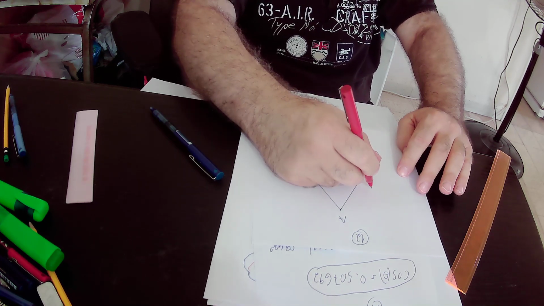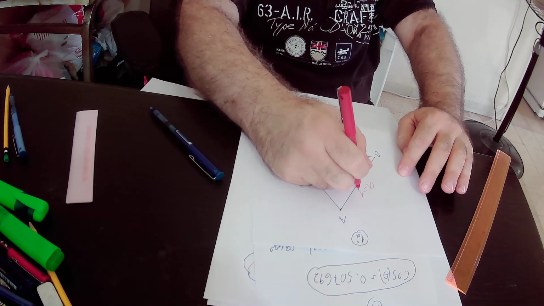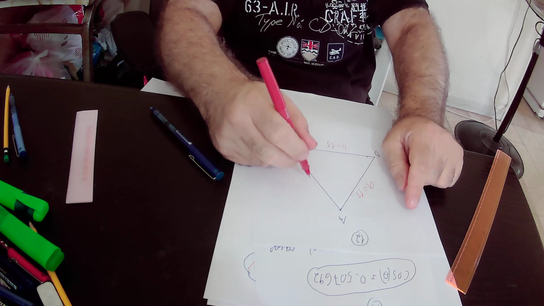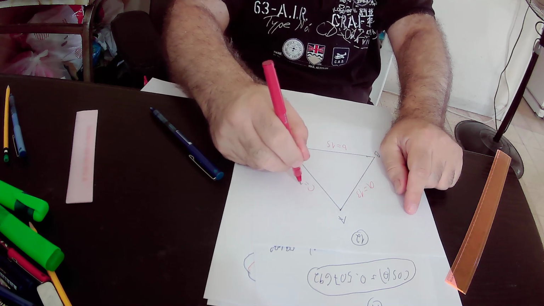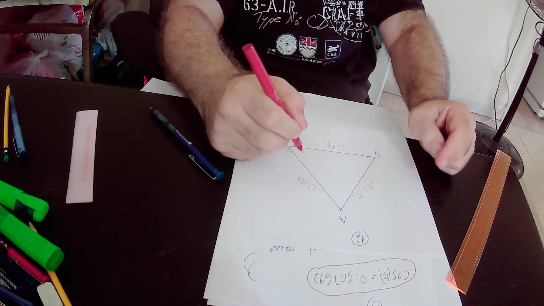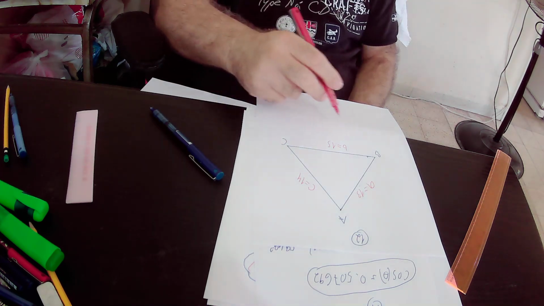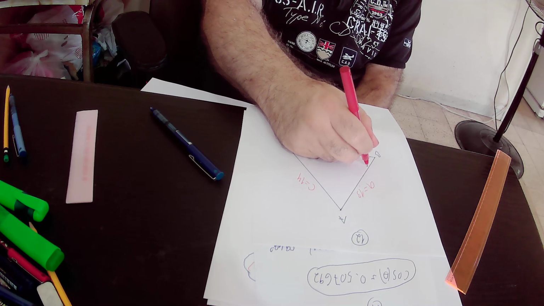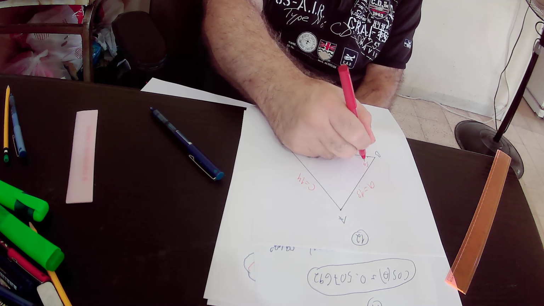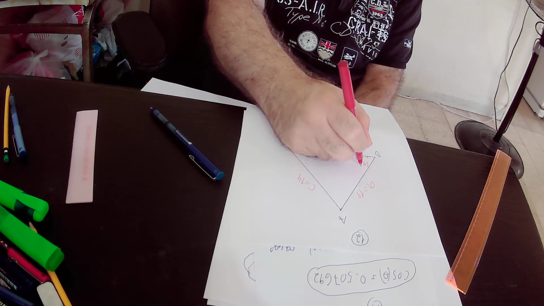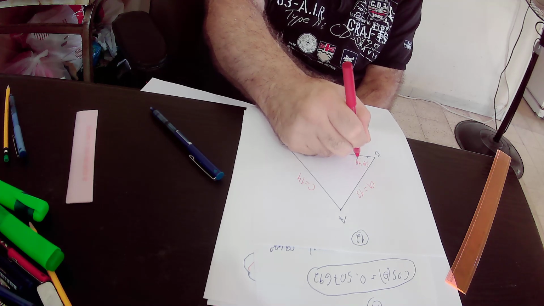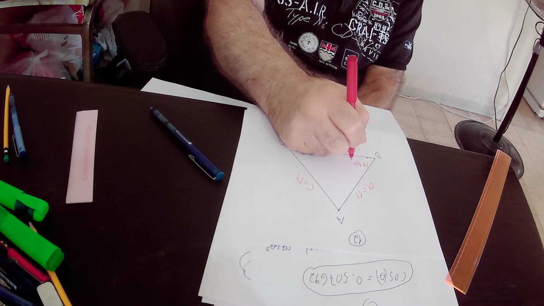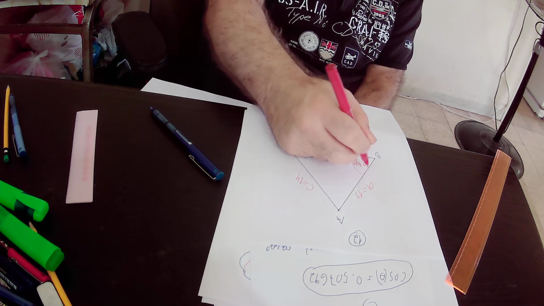AB equals A, that equals 13 units. AC equals C, that equals 14 units. And we found that the value of theta equals 59.49 degrees.